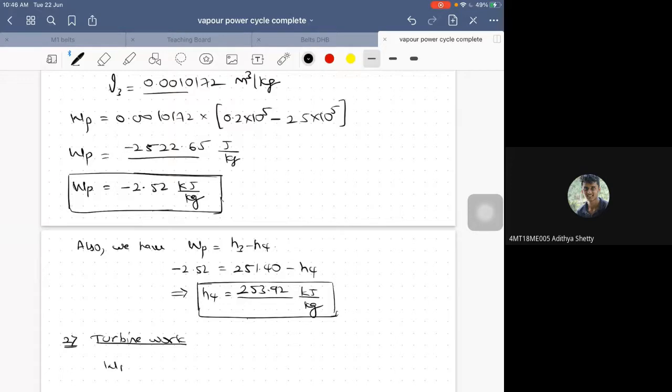So WT, turbine work happens from where to where? It happens from 1 to 2.